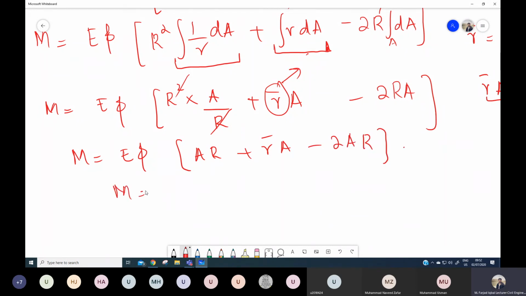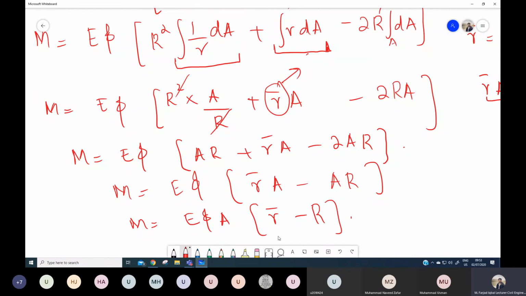So it will be M is equal to E phi, r bar A minus capital AR. If I take this A as common, I will get r bar minus r.